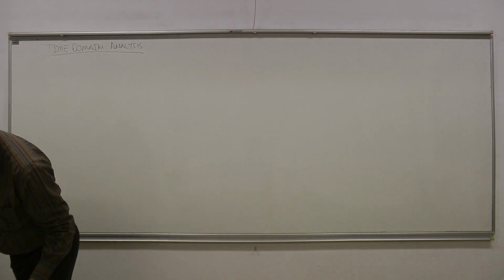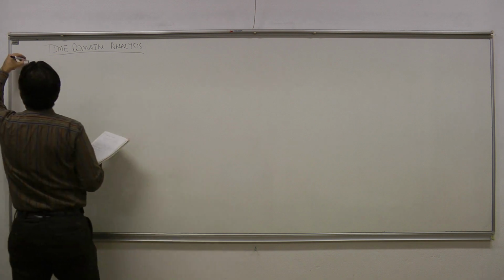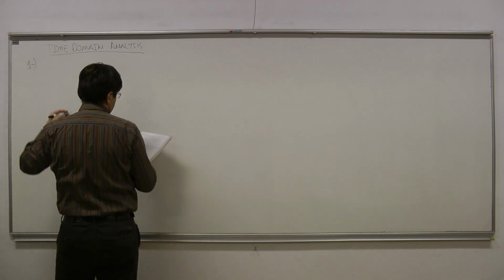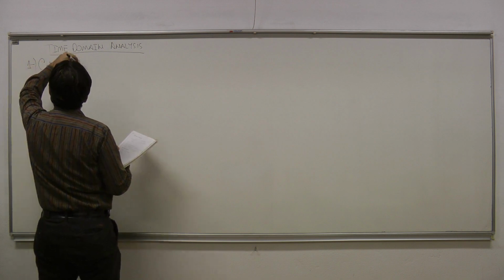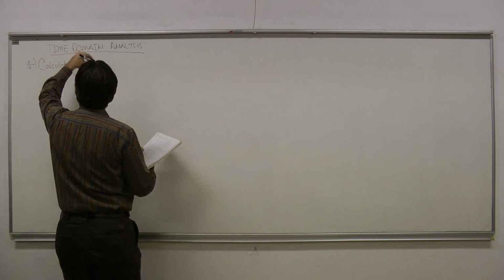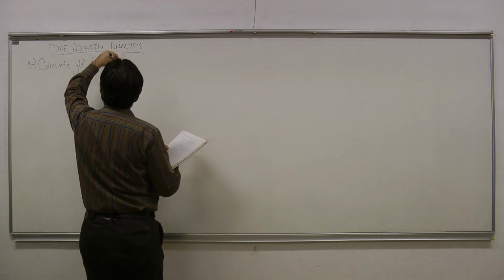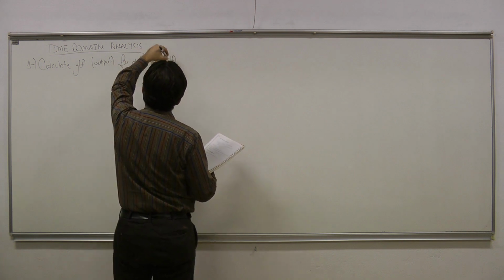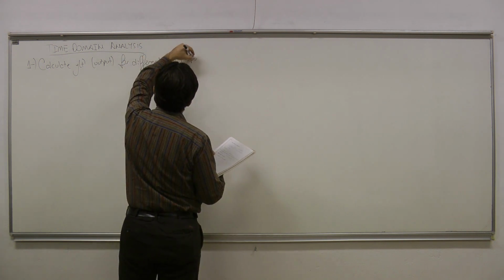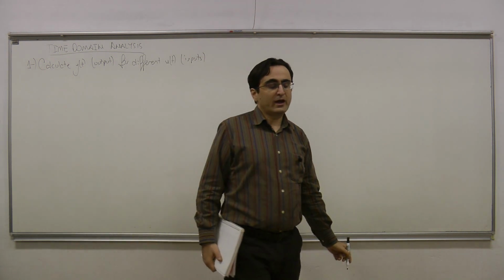So our topic is time domain analysis, and the aim here will be threefold. We are going to have three aims. The first aim is to calculate the output y of t for different inputs u of t.